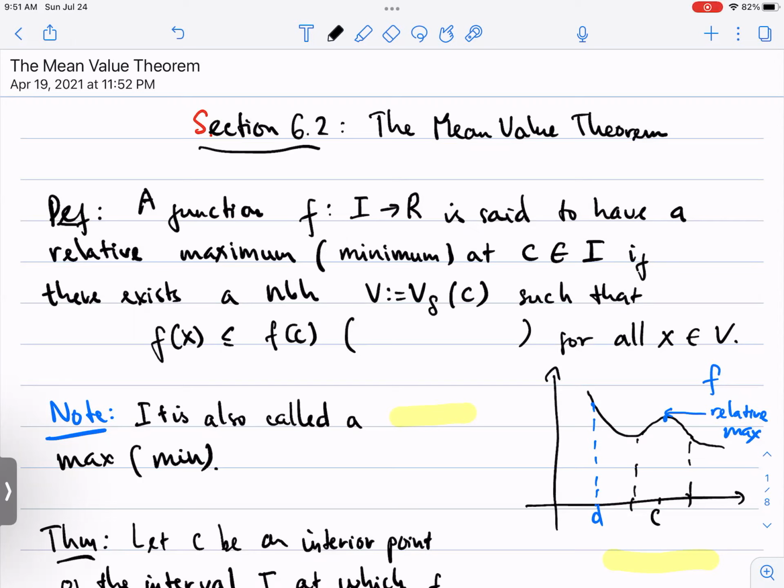For the minimum definition, we have to reverse the inequality, that is f of x is greater than or equal to f of C.